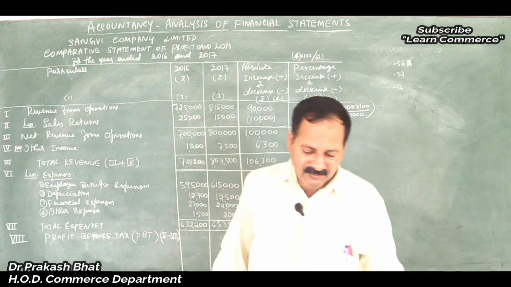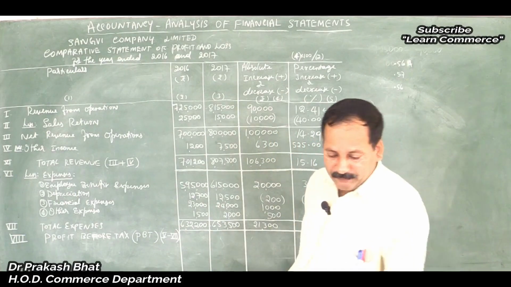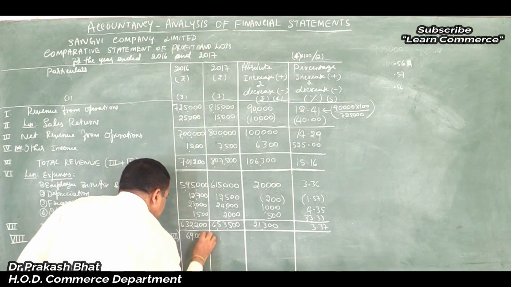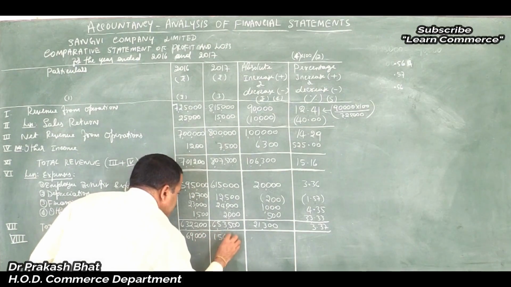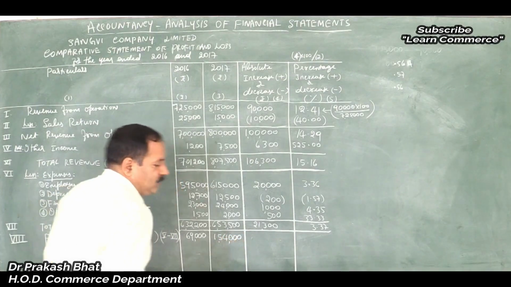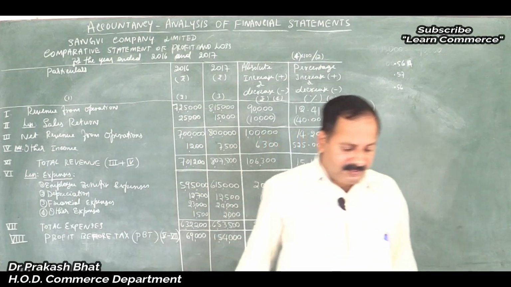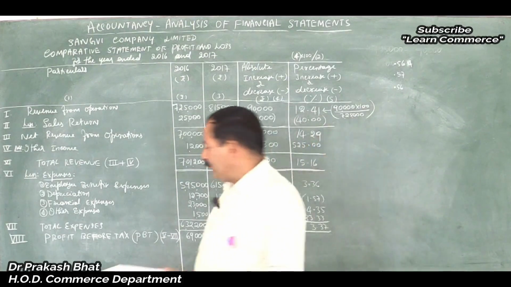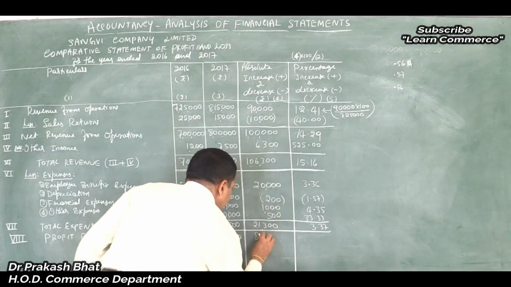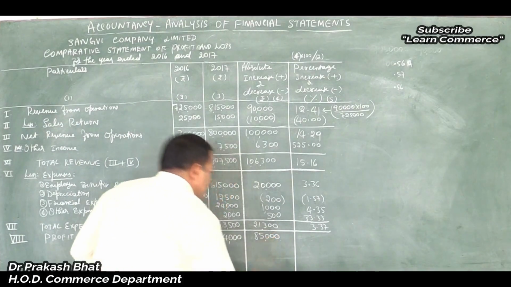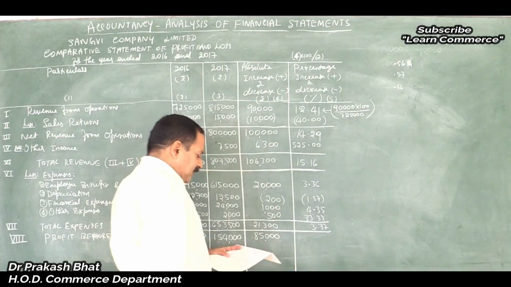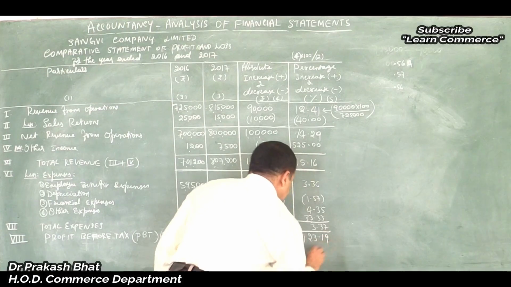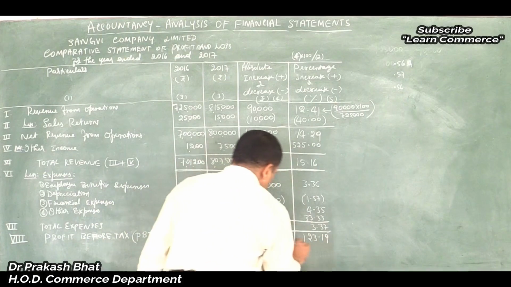How much is it? 69,000 and 1,54,000, already given in the problem. Calculate the percentage and difference. Difference is 85,000 and percentage is 123.19. So that's all. Your problem is solved, friends.